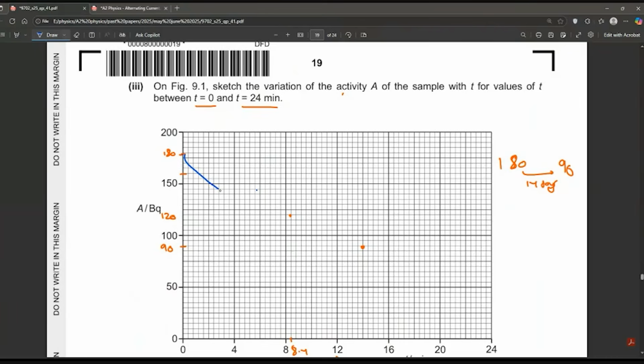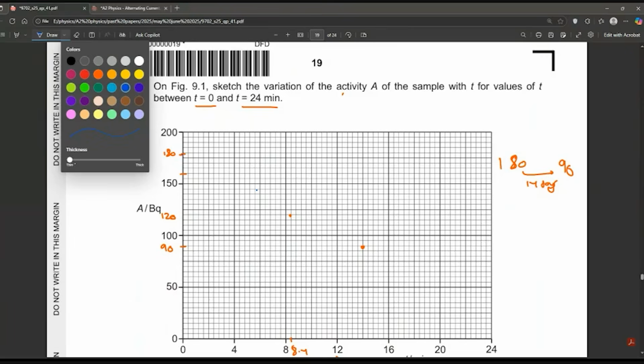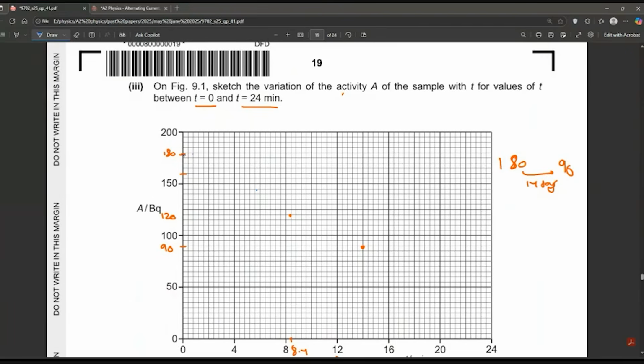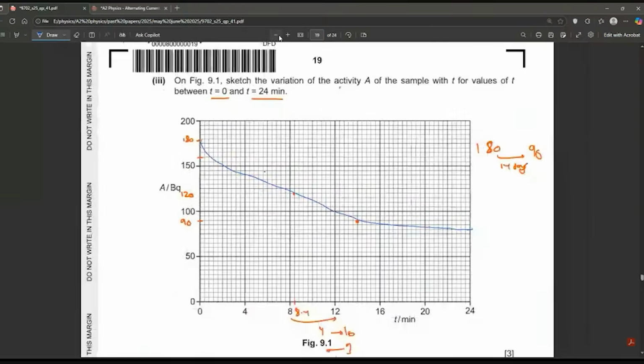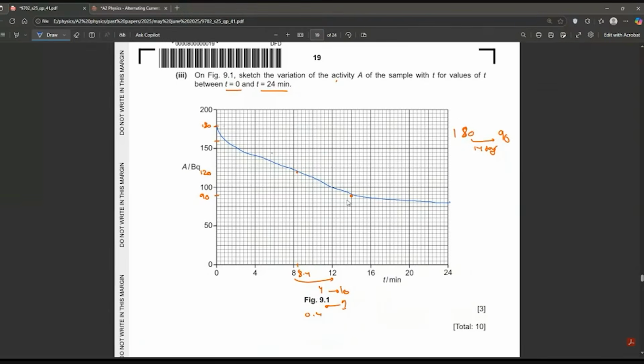Probably you can draw a much better curve than me, but let me decrease the thickness. Yeah, probably a curve like this. This will be a curve here passing through these 3 points. Probably that will be it.